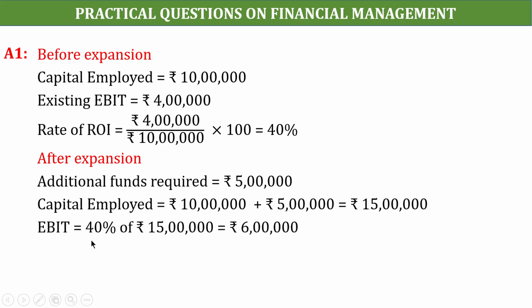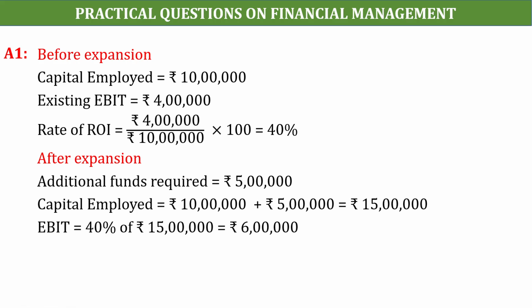Earning before interest and tax would be 40% of the capital investment, because earning on the investment is the same before the expansion as well as after the expansion, that is ROI remains the same. So 40% of 15 lakh rupees is 6 lakh rupees.